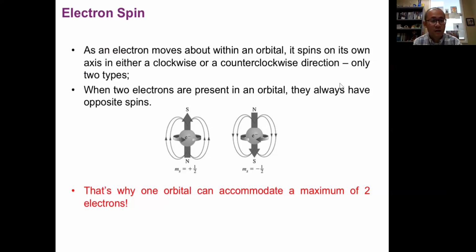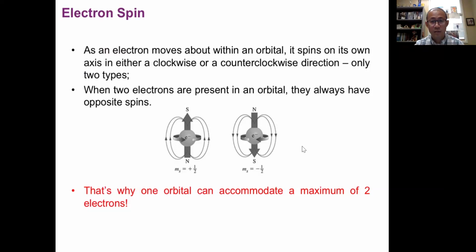The reason is electrons are spinning. Electrons move in the empty space outside the nucleus, but they are also spinning themselves, either clockwise or counterclockwise. They're like magnetic balls, like our Earth. They can spin in 2 directions.